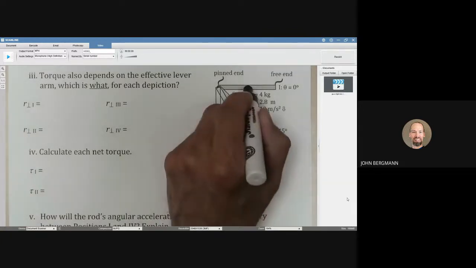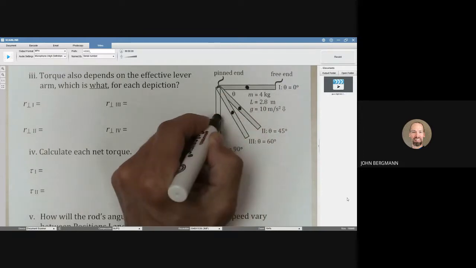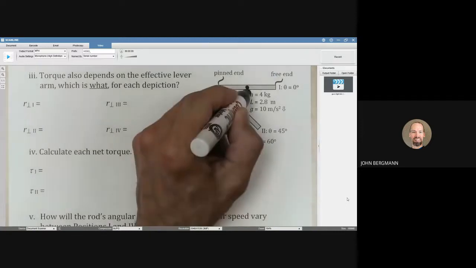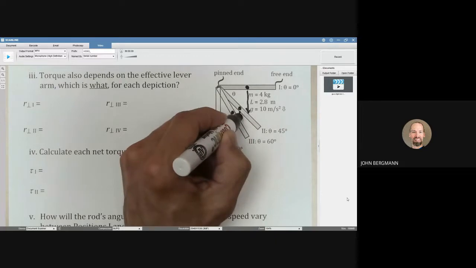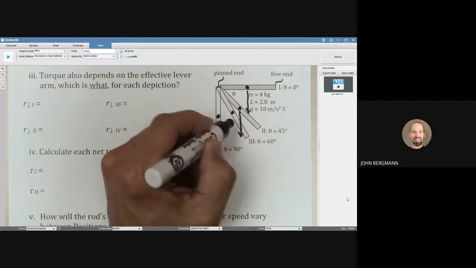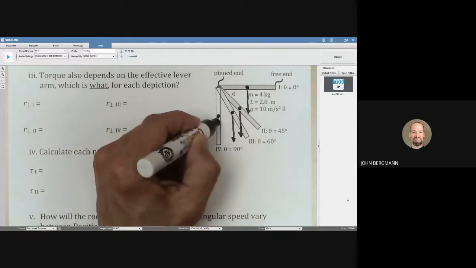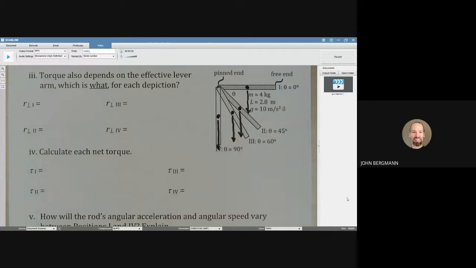All right, so let me draw the centers of mass in here again, right there. And the effective lever arm, the direction of it depends on which way the force goes, right? This force of gravity, which we just decided was 40 newtons, pulls straight down, doesn't it? Like that. So there's mg that I'm showing pulling down.